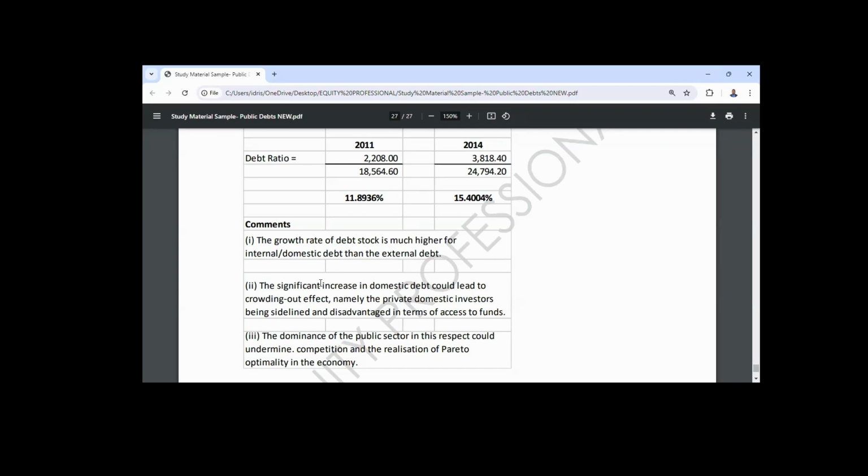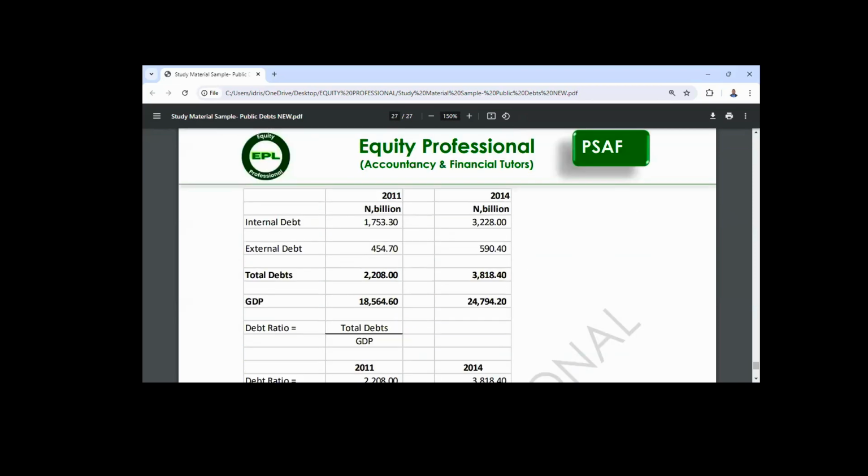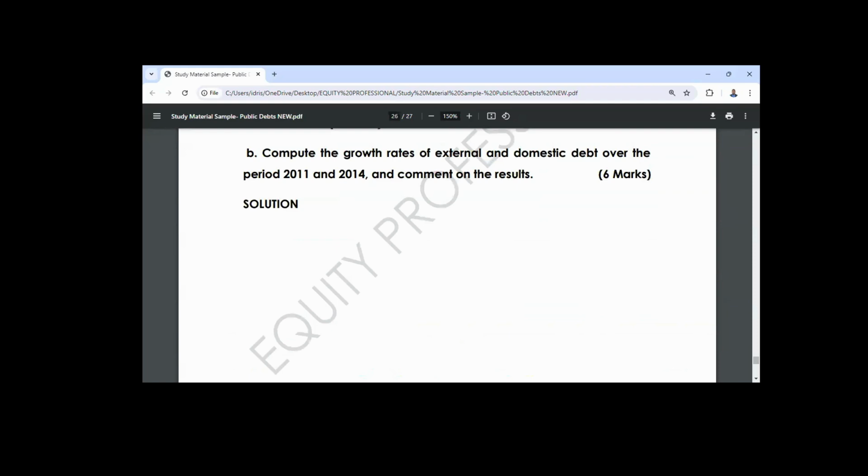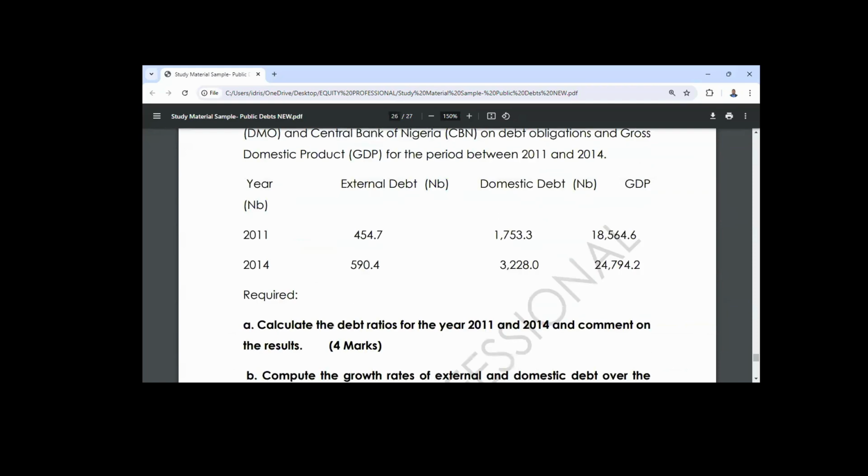And when there is an increase in domestic debt, it can lead to what? Crowding out effect, meaning the government is sidelining the private sector from having access to funds. That is what the examiner requires us to do in this part A of the question.